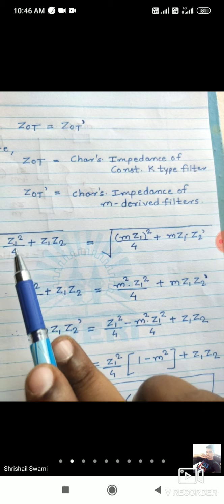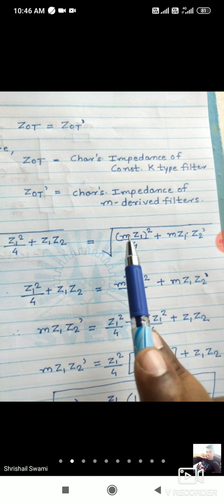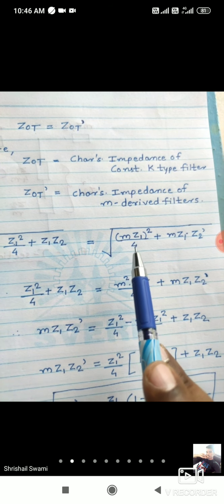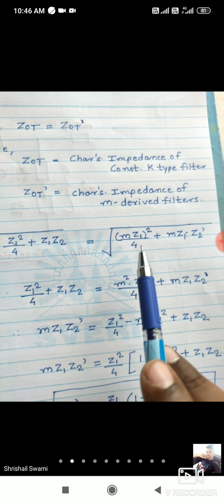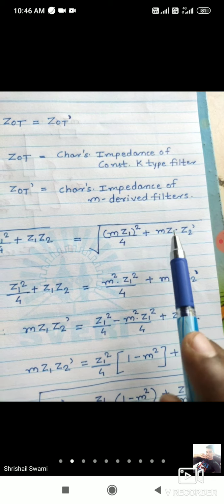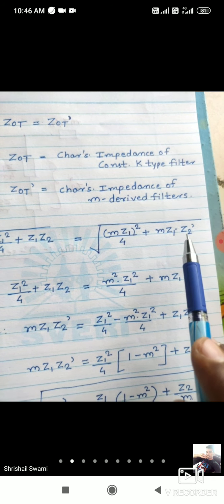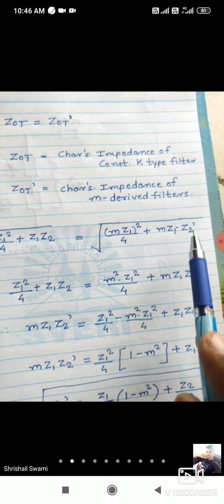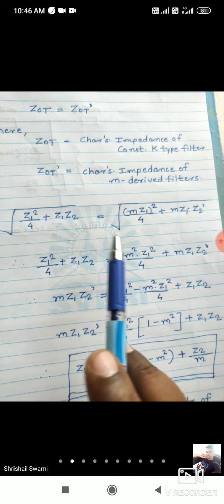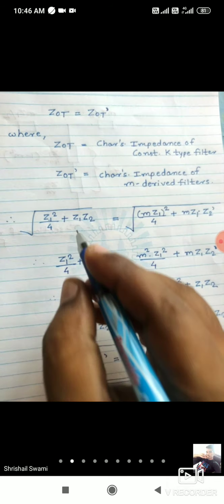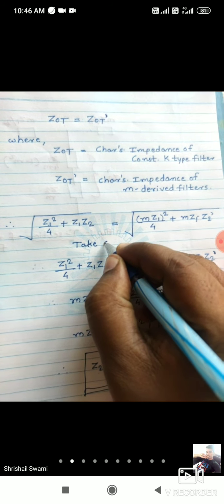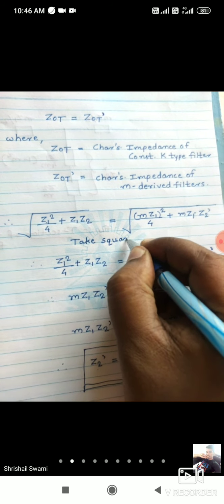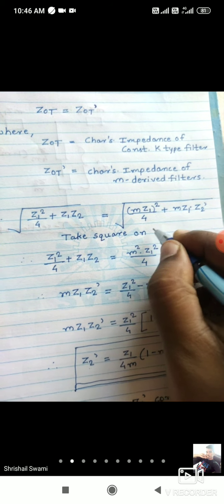Z1 by 2 bracket square will be replaced by MZ1 divided by 2 bracket square, that is M into Z1 bracket square divided by 4, plus M into Z1 times Z2 dash. Now take the square on both sides.